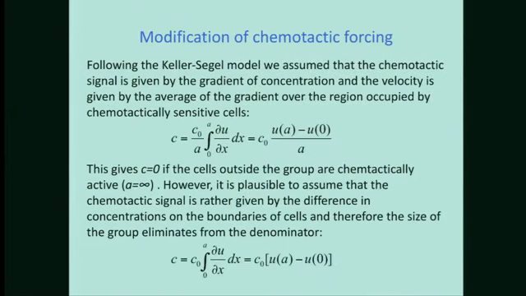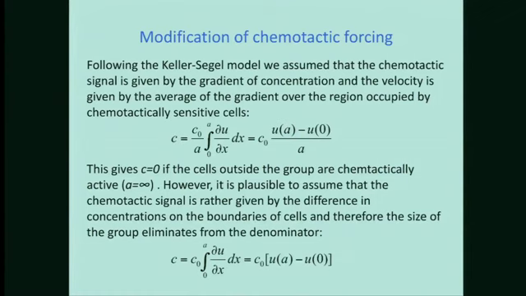To avoid these problems, we can slightly modify the model. We can say that the speed of motion is proportional not to the average gradient over this group of cells, but to the difference of concentrations on the two sides. It's like if a cell elongates, it feels a better signal, but the gradient is the same.